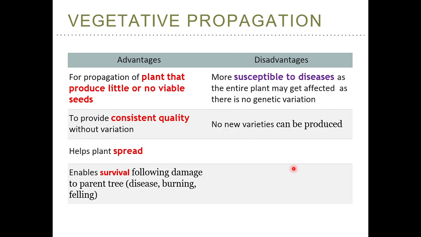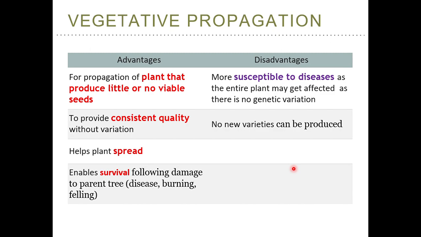This method can provide consistency in terms of quality without variation of the plants and helps plants to spread. This enables survival following damage to the parent tree. Even though the parent tree was burned or has fallen, as long as the leaf or stem survives, it can develop into a new plant by vegetative propagation.